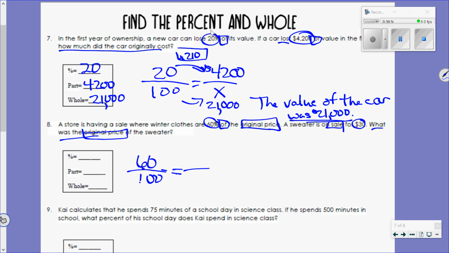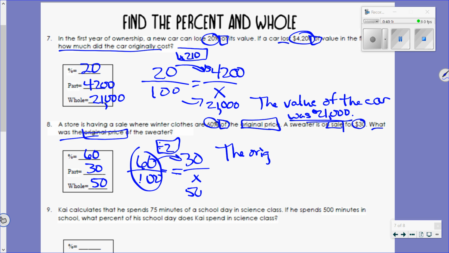No. So that goes down there. What was left? $30. How do I go 60 to 30? Divide by 2. So what do I do to 100? Divide by 2. So my percent was 60, part was 30, whole was 50. The original price was $50.